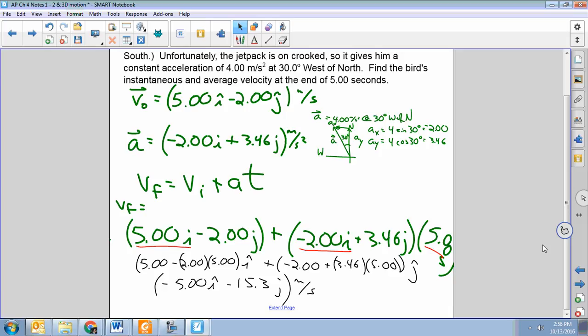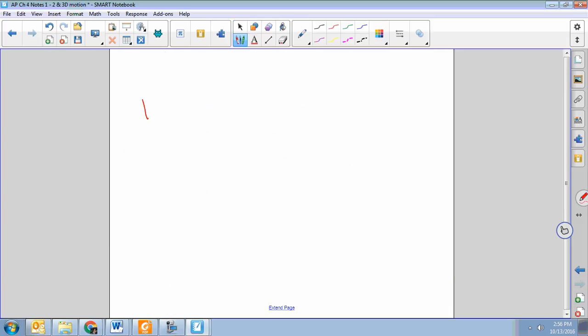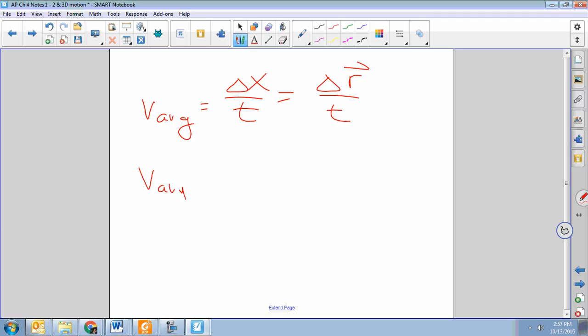We've learned 2 equations for average velocity. So there's the definition, which for us, this chapter really is this. Easier than that. You guys remember that?